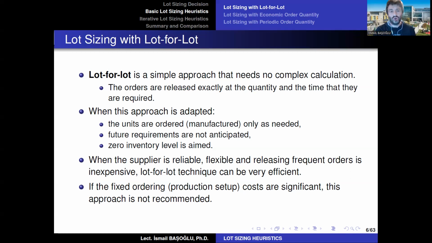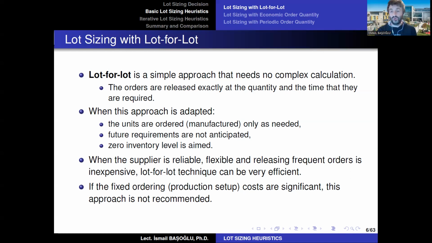So our objective in the load for load approach is to eliminate the ending inventories at the end of any period. The inventory units are going to be ordered or manufactured only when they are needed, and the future requirements are not going to be considered or anticipated. Actually, here's this idea.